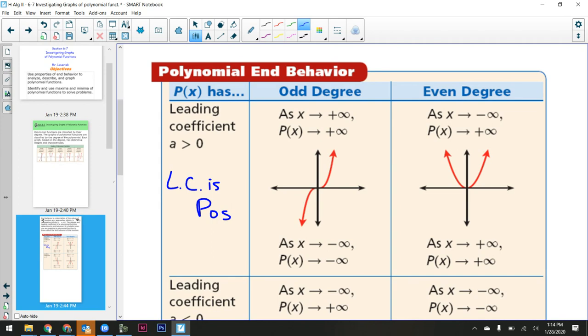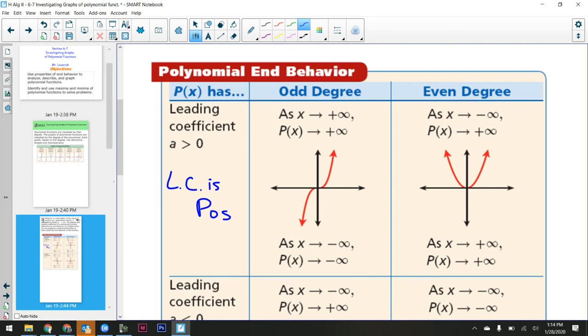Now, what does that mean in English? As x gets bigger and bigger and bigger, as x approaches positive infinity, is that right side or left side behavior? As x approaches more and more positive, that's right side.